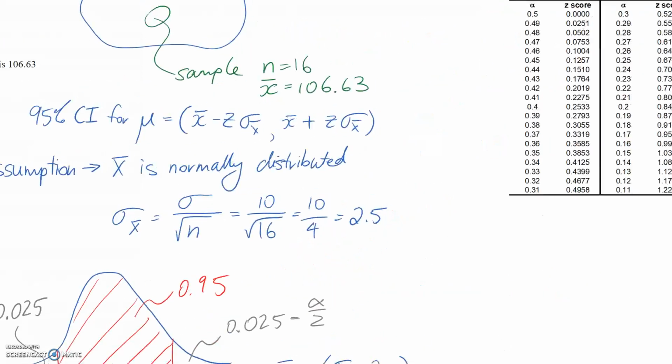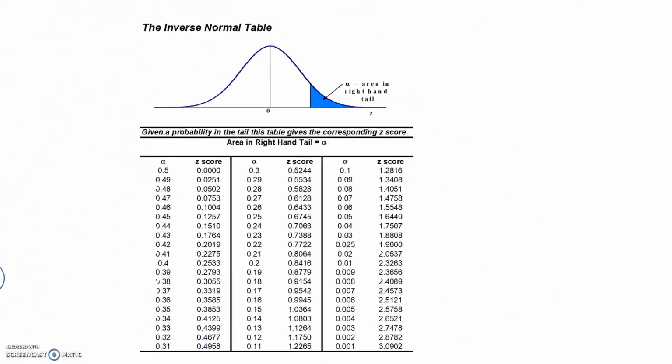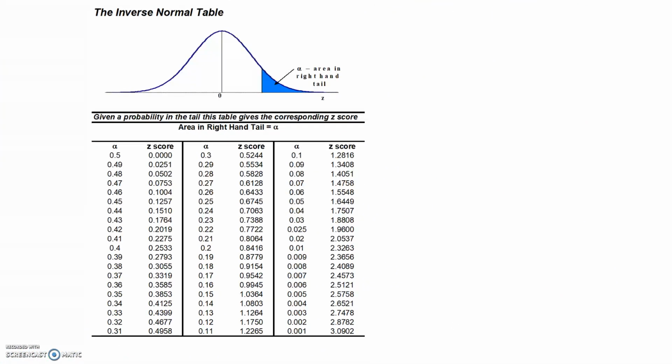0.025, what I'm going to do is shift over here and look at my inverse table. So we can see that we have an area in here which is called our right-hand tail, and we said that this in our case was equal to the 0.025. So if we look down here, 0.025 sits here.